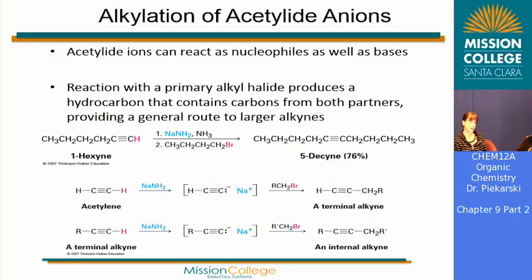So acetylide ions can react as nucleophiles as well as bases. We showed that anion reacting as a nucleophile, it attacked the primary alkyl halide. But that means we need a reaction with a primary alkyl halide to produce a hydrocarbon that contains carbons from both partners. And so, like I said, the key here is a primary alkyl halide. Okay?